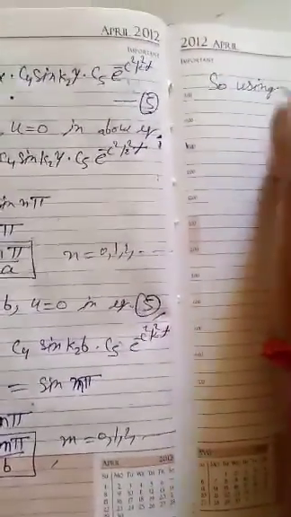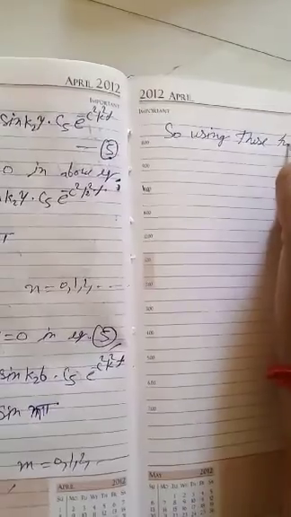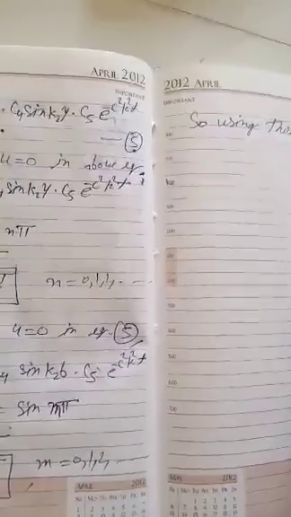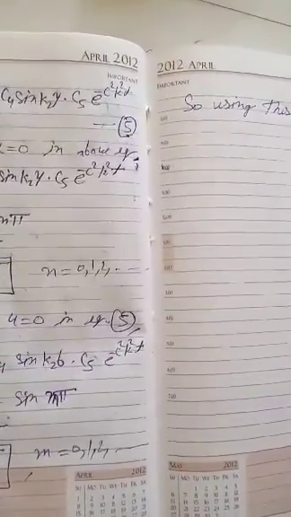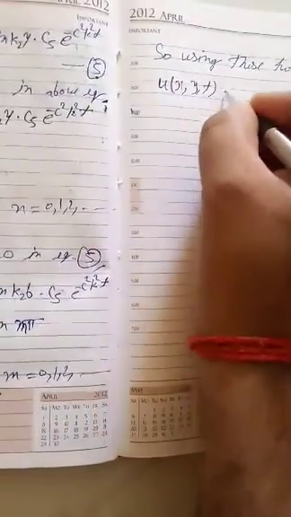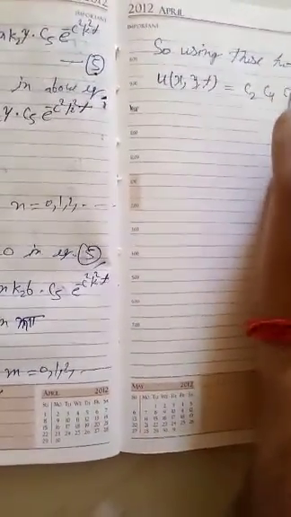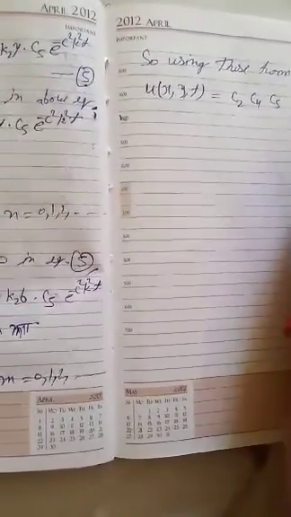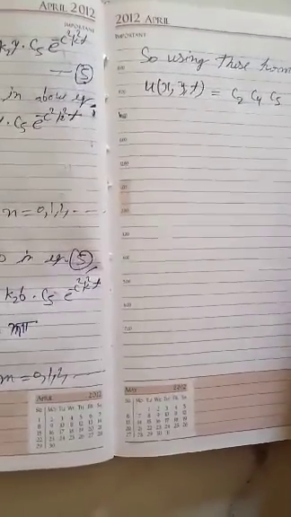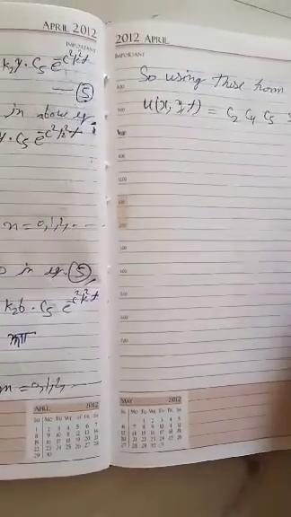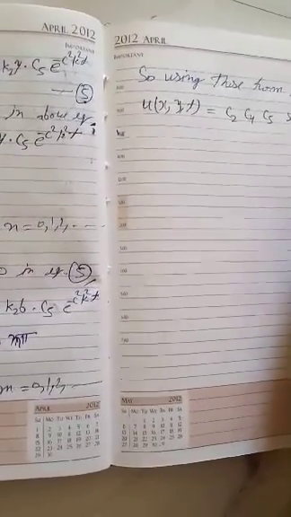So using these terms in equation 5, we have u of x comma y comma t is equal to c2 c4 c5 sin of n pi x by a into sin of m pi by b y into e to power minus of c square k square t.